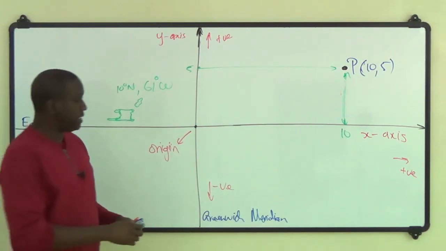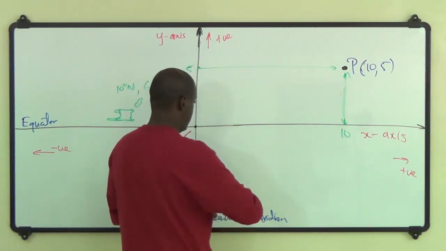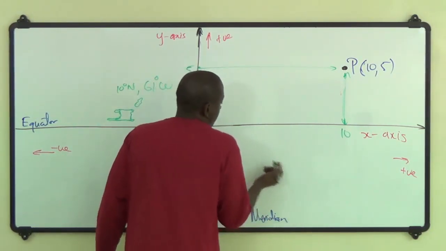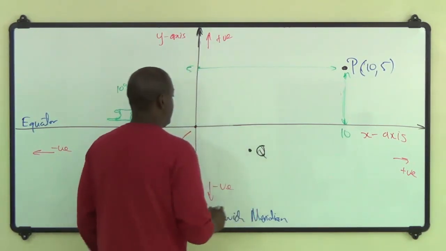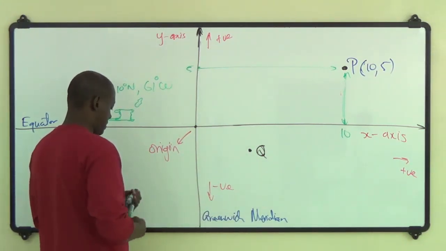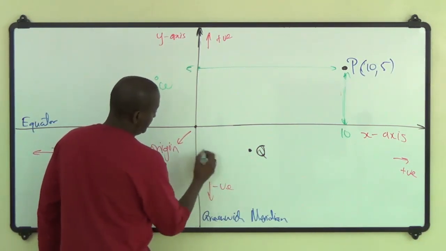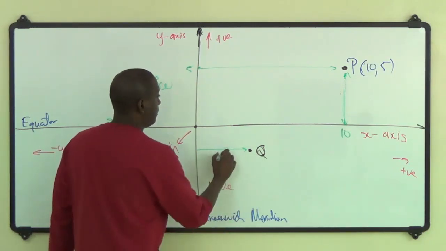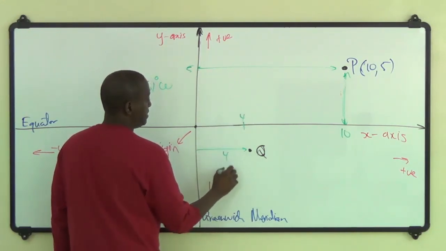So if I have another point, let us say the point Q, a random point. Let us say that the distance of Q from here, this distance, is 4.